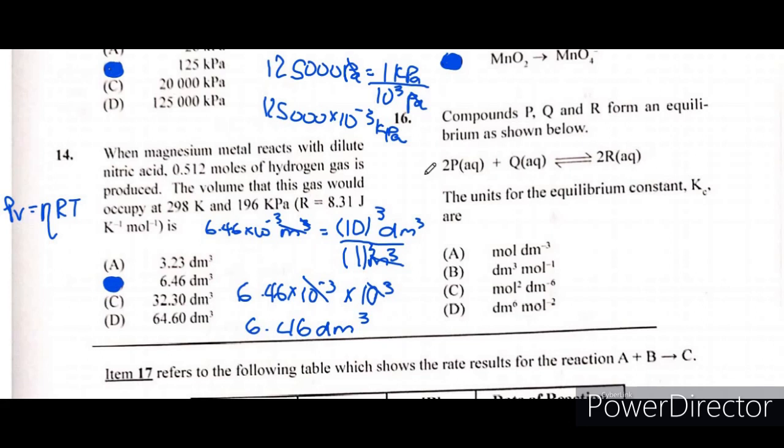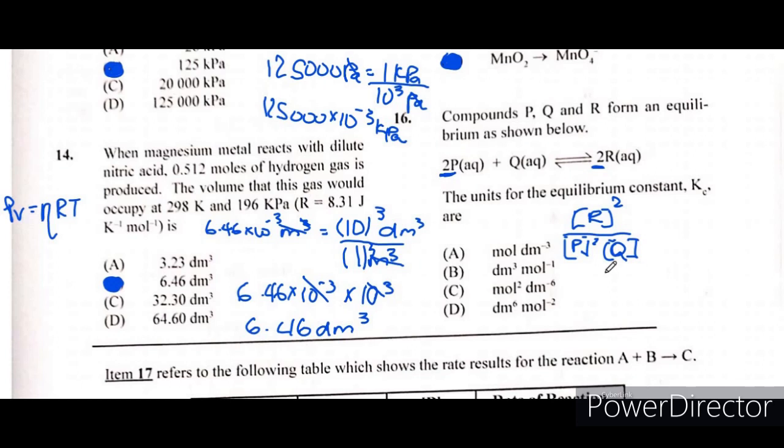And it says the units for the equilibrium constant Kc are. Alright, so you know that it would be the concentration of R squared, because there's 2R there, over the concentration of P squared times the concentration of Q. The squared is because it's 2P as well.